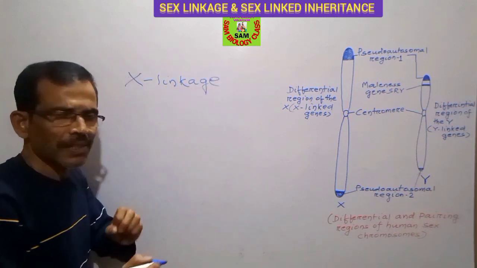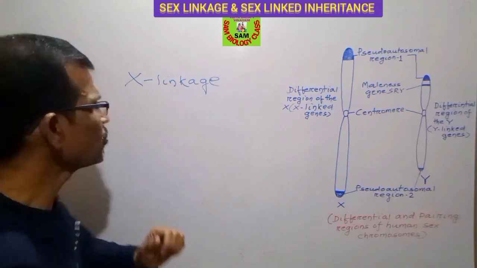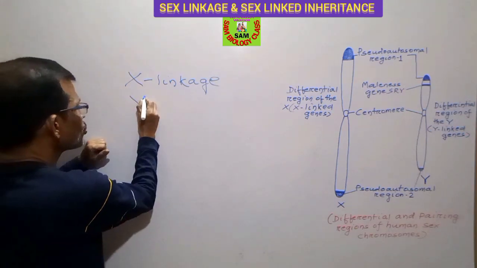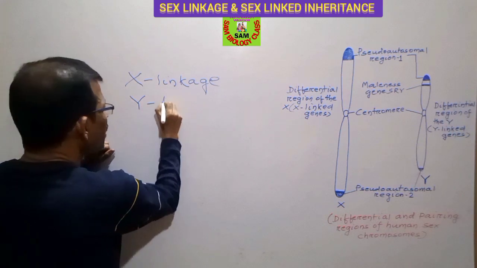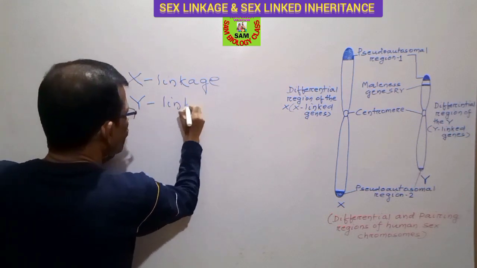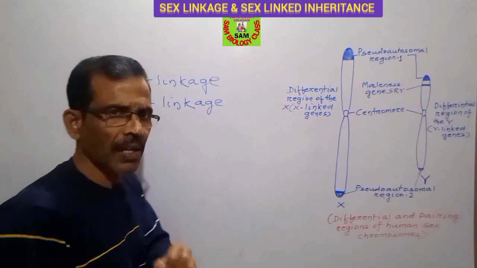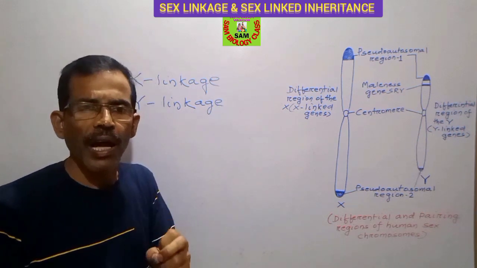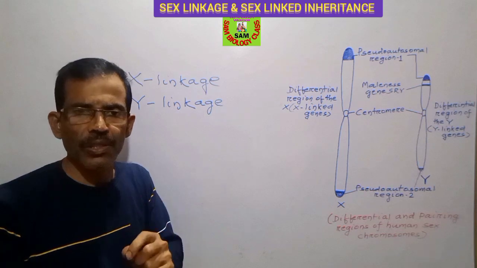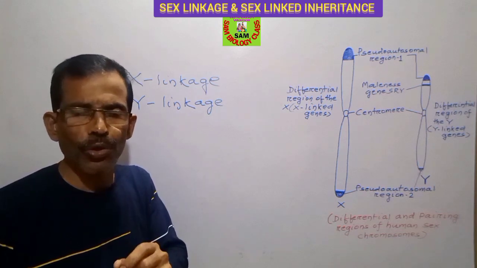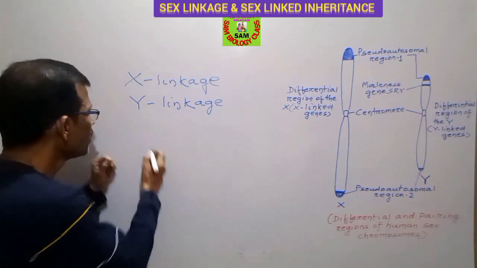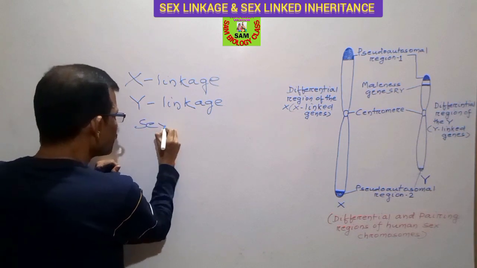Similarly, genes that are localized in the differential region of the Y chromosome exhibit Y-linkage. In general, genes that are localized in the differential region of X and Y chromosomes are said to show sex linkage.